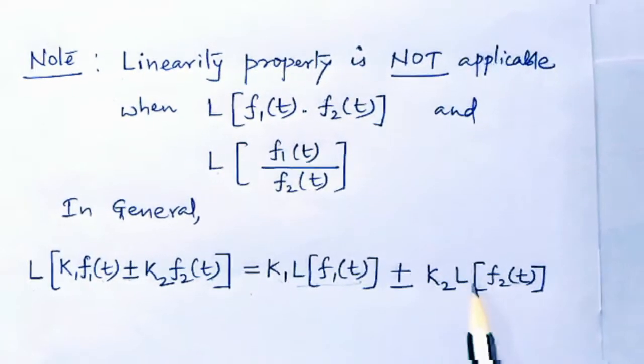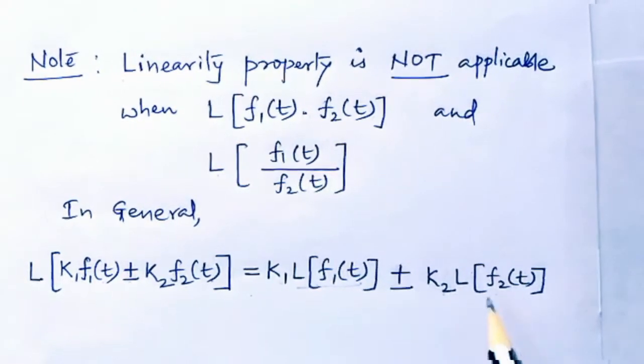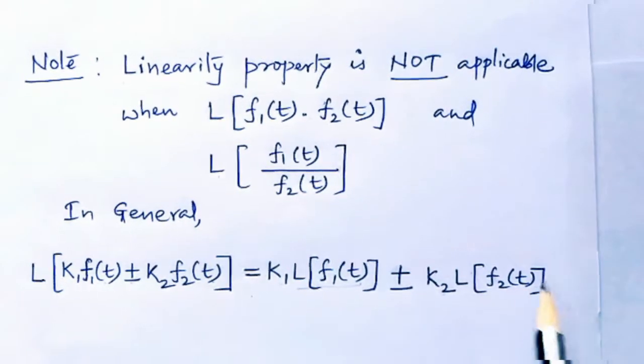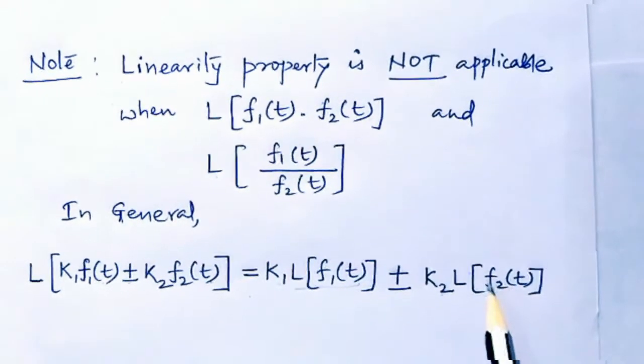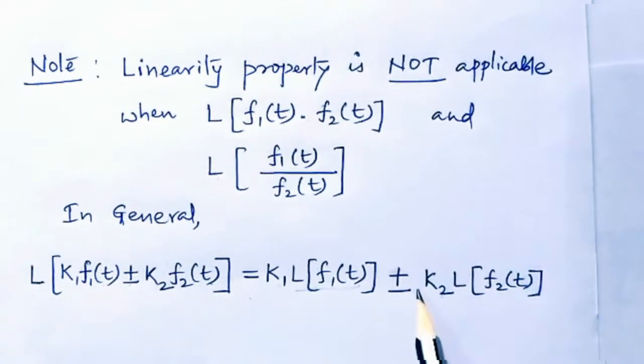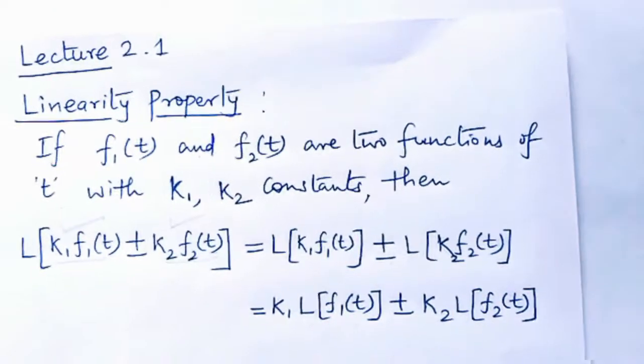In a similar way, k2, which is a constant, is taken outside the operator and we find the Laplace transformation of the corresponding function, and in between these two the only possible sign conventions are either positive or negative. This is the linearity property.